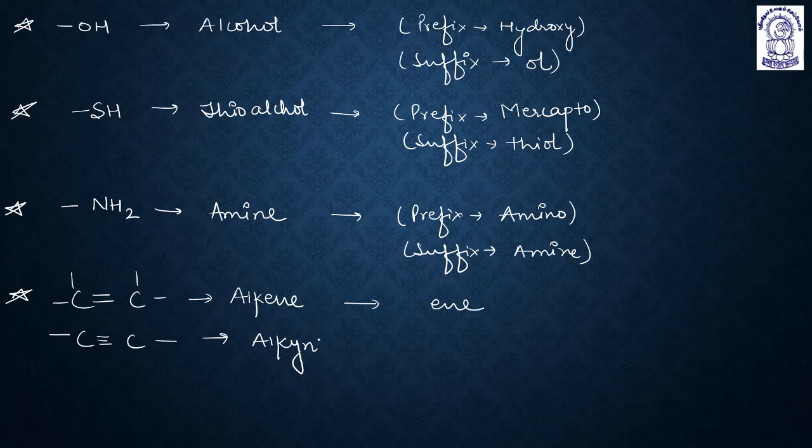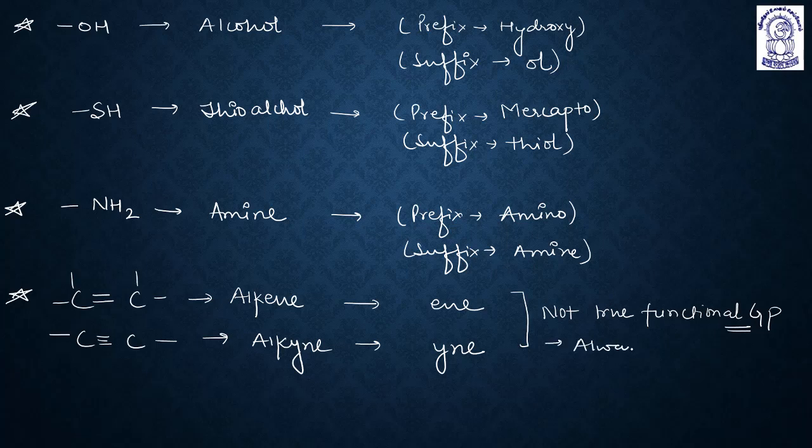Alkyne, the suffix is yne. Okay. They are not true functional groups. Okay. Always written in the form of primary suffix.